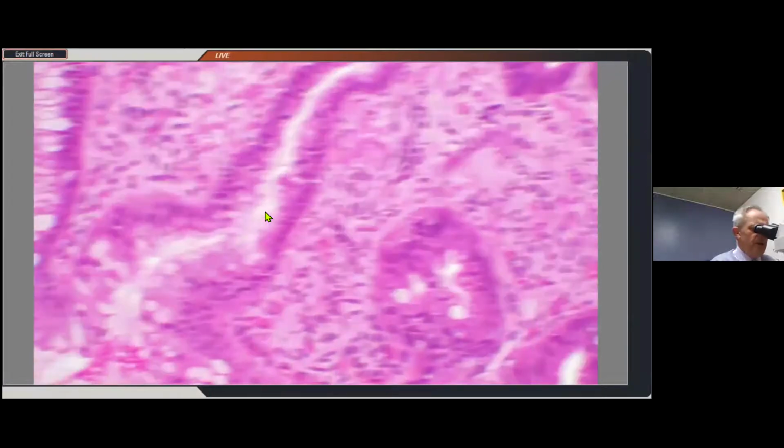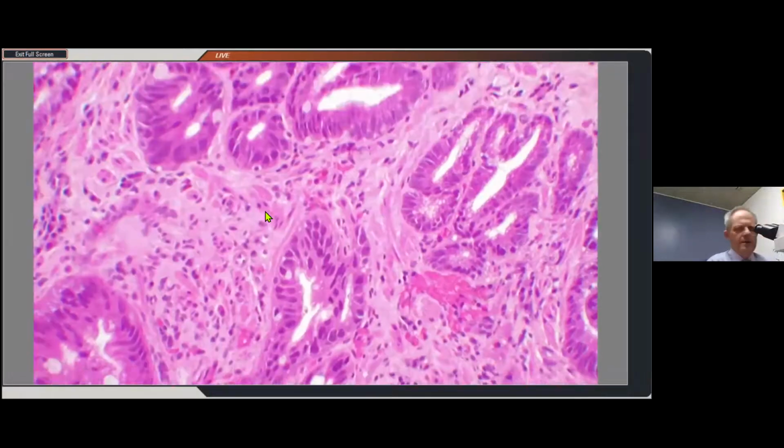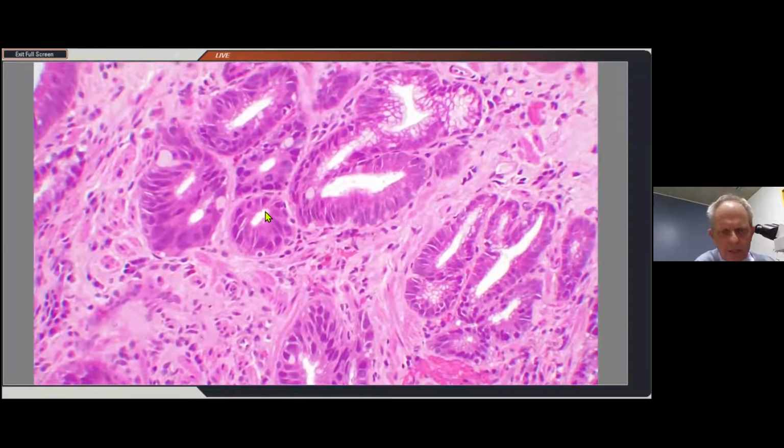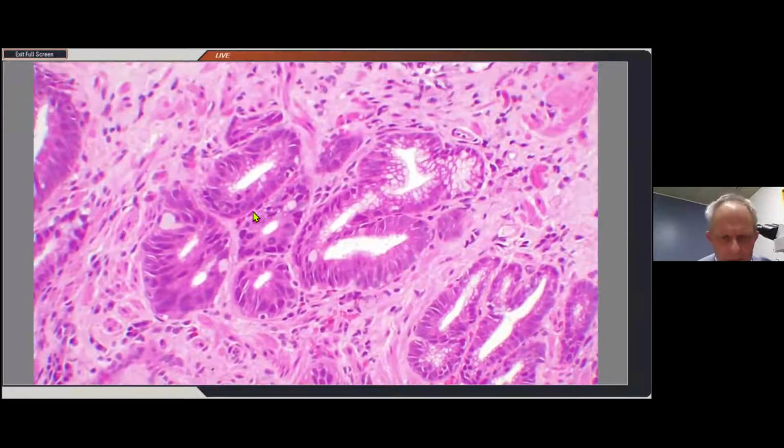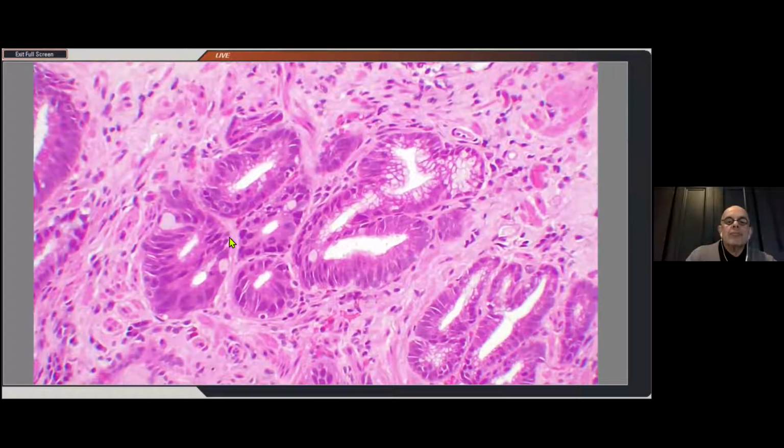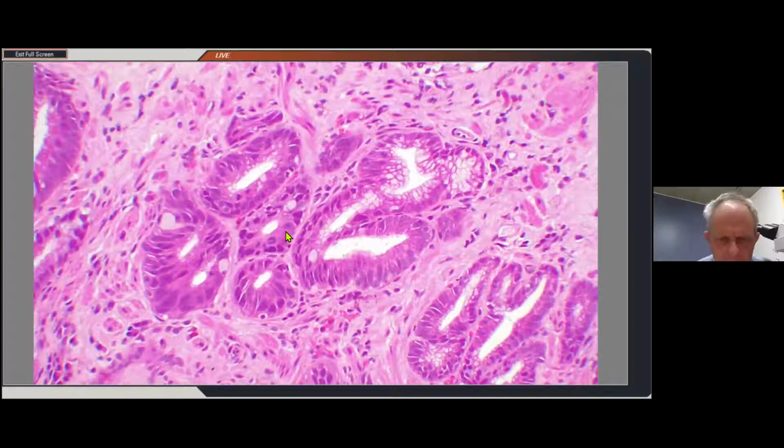However, if we look, for example, down here in the base of the crypts, the literature actually talks about the cytological changes being more apparent in the basal aspects of the crypts, as you see here. For example, you can see we've got some fairly large nuclei. They're hyperchromatic, they're irregular in size, and that, in fact, is a mitotic figure.